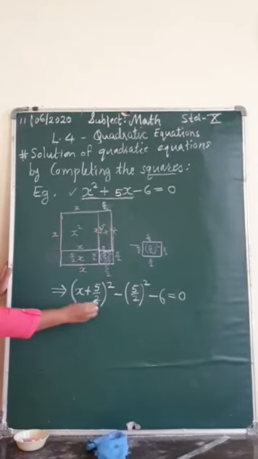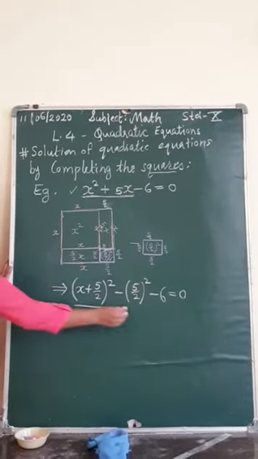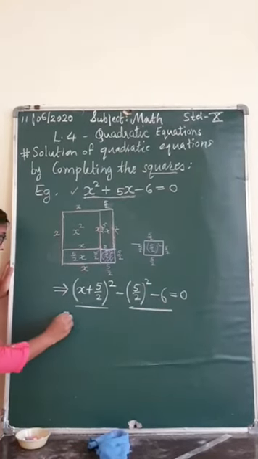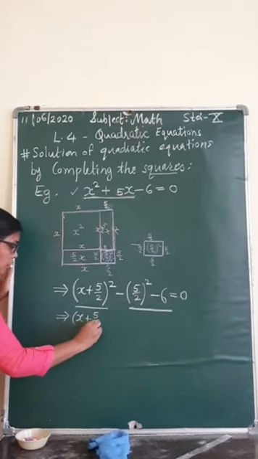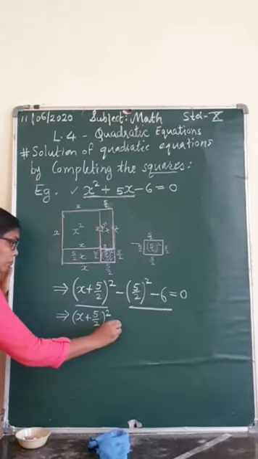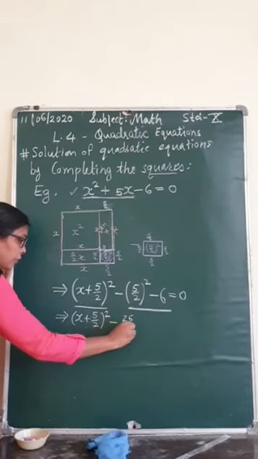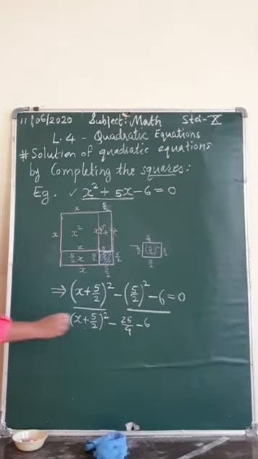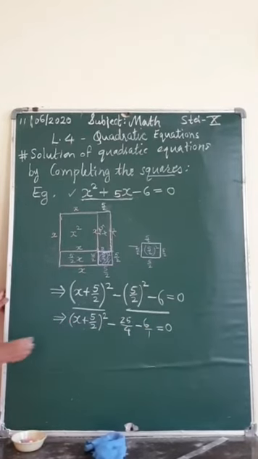Now you know that this is a complete square. But now we are solving this. Here we have x plus 5 upon 2 complete square as it is, and then minus 25 upon 4 minus 6 upon 1 is equal to 0.